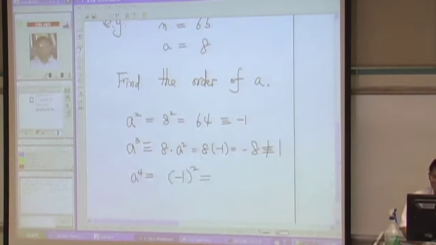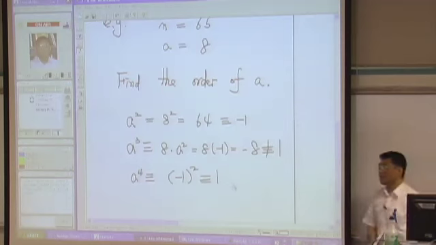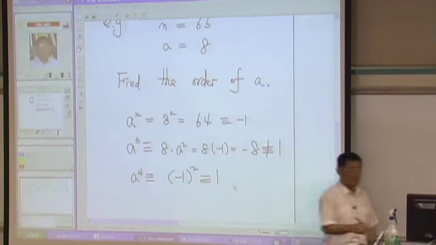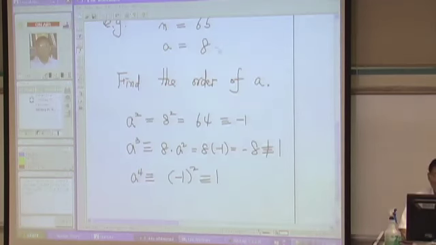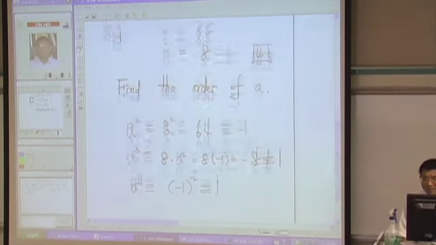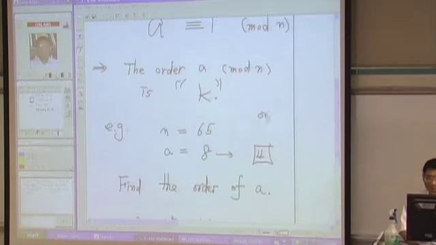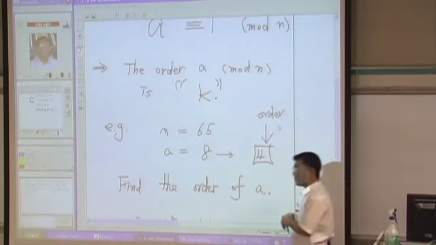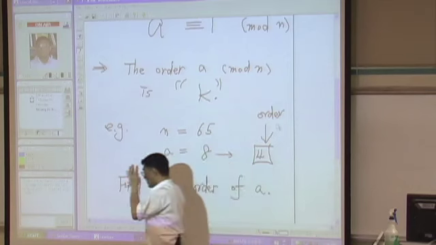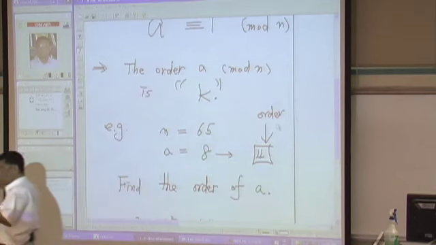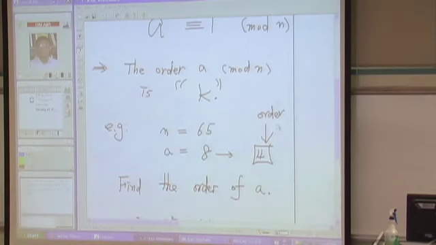Negative 1 squared is 1. Because of this, the order of 8 is 4. So once a number is given with appropriate modulus, we can find the order.